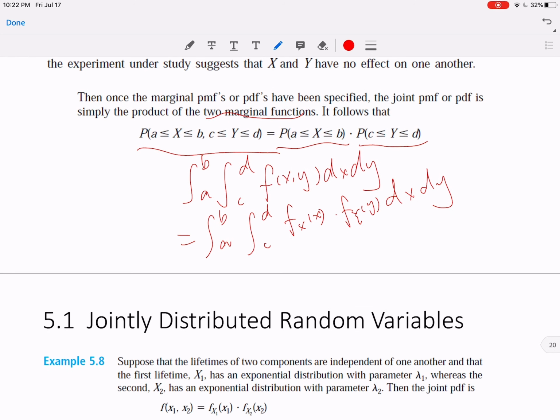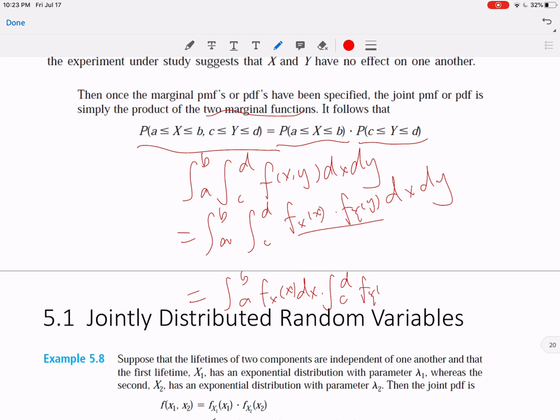If they're independent, we can just rewrite the joint PDF in the form of a product like this. And then we can rewrite it as the integral from a to b of f of x dx times the integral from c to d of f of y dy. This is based on the property of a double integration, because this is a function of x and this is a function of y, so we can just separate like this.